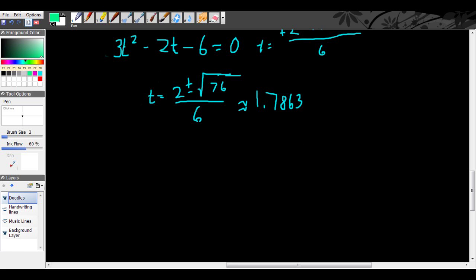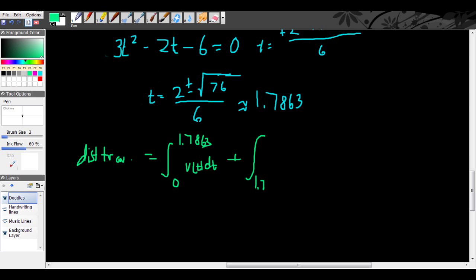Let's use a different color pen. Distance traveled is equal to the integral from 0 to 1.7863 of v of t dt, plus the integral from 1.7863 to 3 of v of t dt.